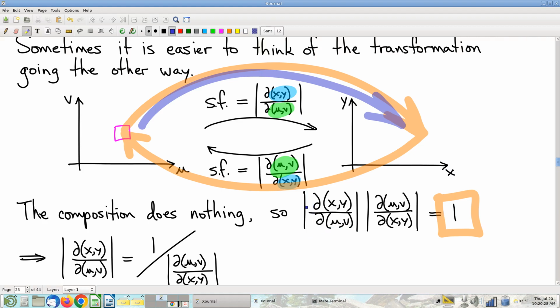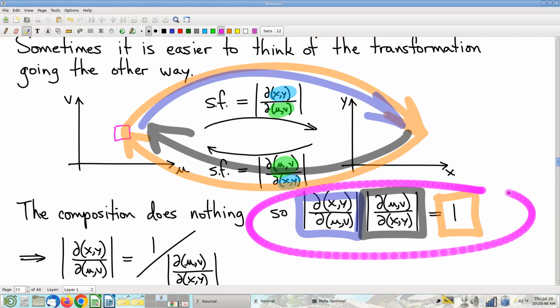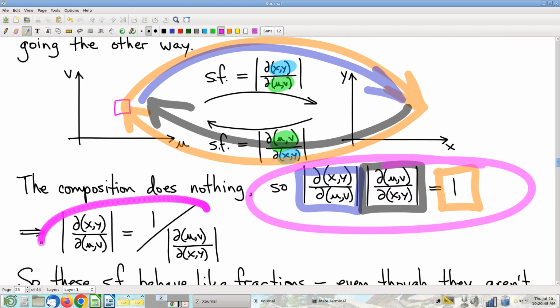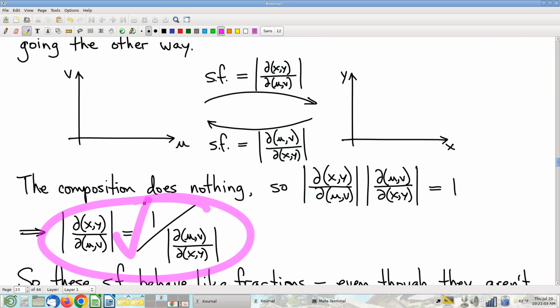There is the first stretching factor that keeps track of what happened in the first half of that process. And then there is the second stretching factor that keeps track of what happened in the second half of that process. Right? So altogether then, this product is equal to 1, which means that indeed these things are reciprocals of each other, or said differently, even though they're not fractions, they behave like fractions, which is another nice little motivation for why we write them as fractions. It's because they behave like it. The second way in which these behave like fractions. Is that cool? So, nice little convenience.